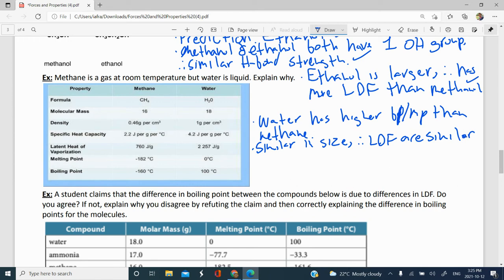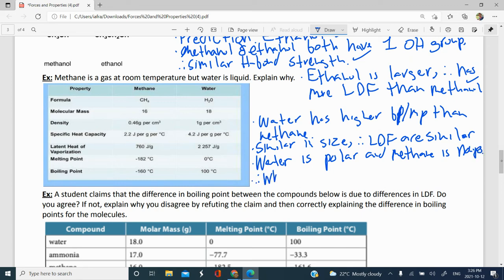Okay. The main reason is that water is polar and methane is non-polar.